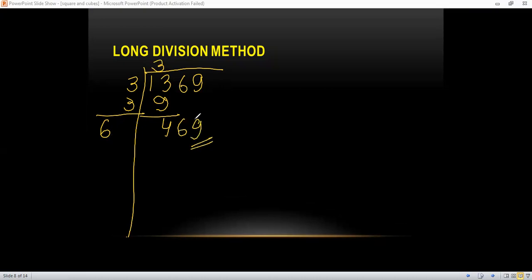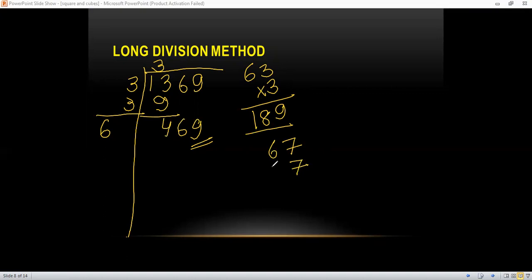Now here you see at the unit place the number is 9. That means I will try to find the multiplication of a number in which the unit digit is 9. So let's try with 63. 63 into 3, I get 189. Let's take one more.